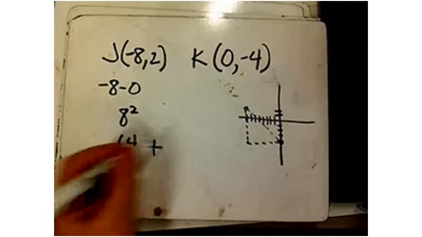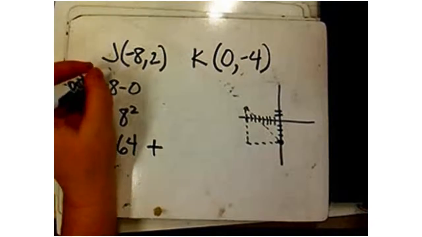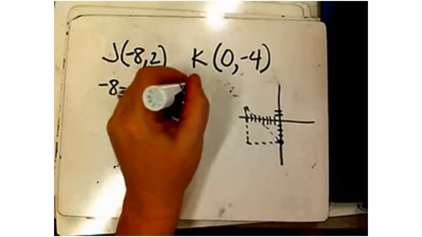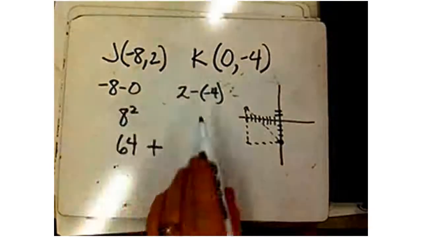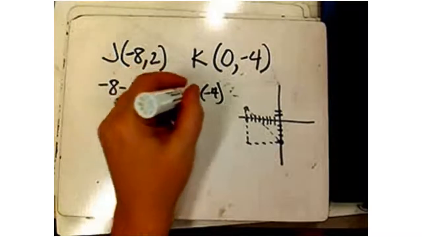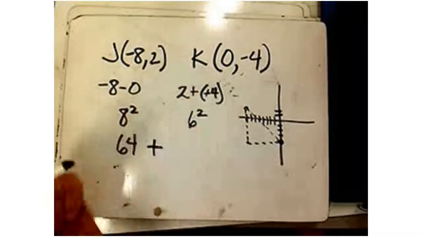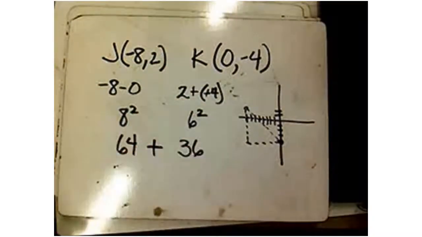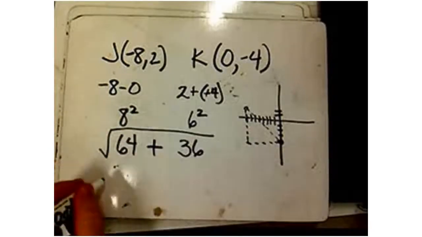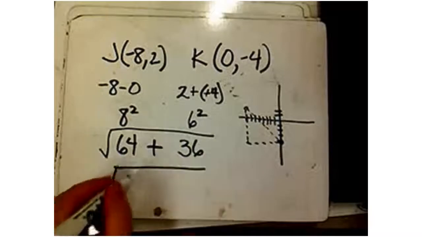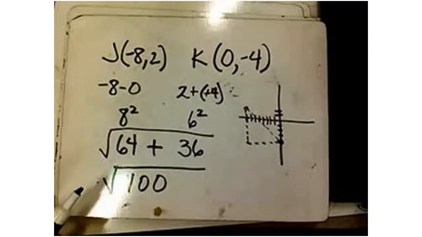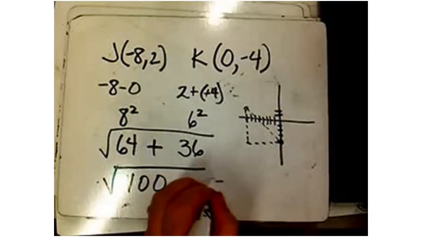And we're going to add that to the difference in our y values, which is 2 minus a -4. 2 places, and then we got to go 4 more to get to the -4. So we have 6, so we have 6 squared, and that's 36. So we add those two together, and that's 100. And then we have to square root it, because c squared is going to equal 100. We've got to square root both sides. So the square root of 100 is 10.